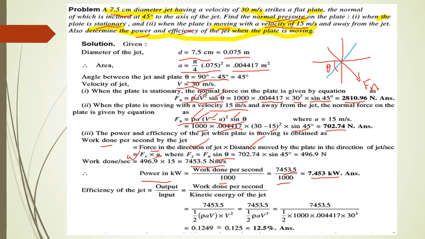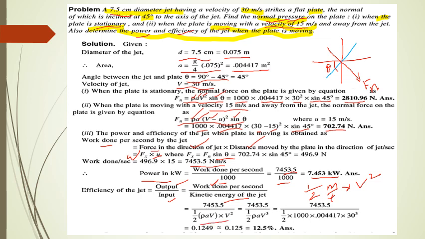Now the efficiency of the jet. What is the formula for efficiency? Output by input. What is the output? Work done. What is the input? Kinetic energy. We know the value of work done. We have to calculate kinetic energy. What is the formula for kinetic energy? Half into mass per time into v square. That implies half into rho a v into v square.